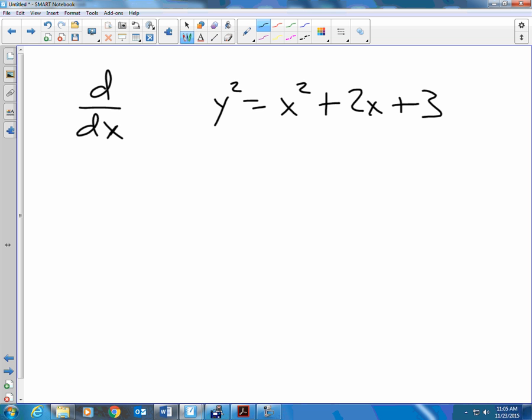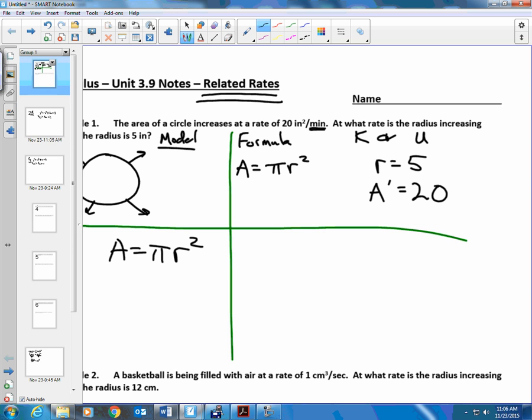When we took the derivative with respect to x of y squared, do you remember what you got? 2y y prime is equal to. So when you didn't have this variable, you had to attach a y prime, right? But when you did have this variable, you didn't have to attach an x prime, did you? So that's what we learned with implicit differentiation.